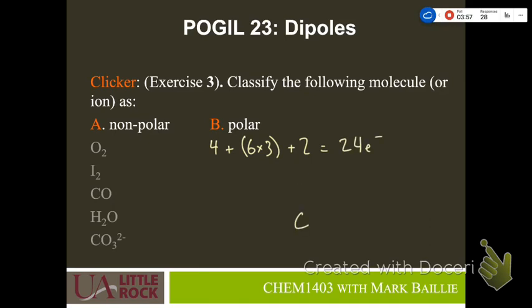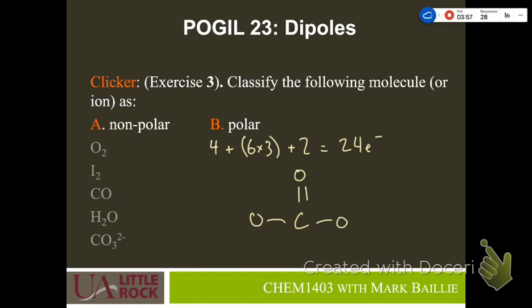Then we're going to put the least electronegative atom in the middle. We can draw this out. We don't know exactly what's going to come around that. Carbon has to have 4 bonds, so I'm going to draw a double bond to one of those to start with. So every single molecule in this class, with a very, very rare exception, is going to have 4 bonds. So we've used up 8 electrons so far, so that we have 16 left.